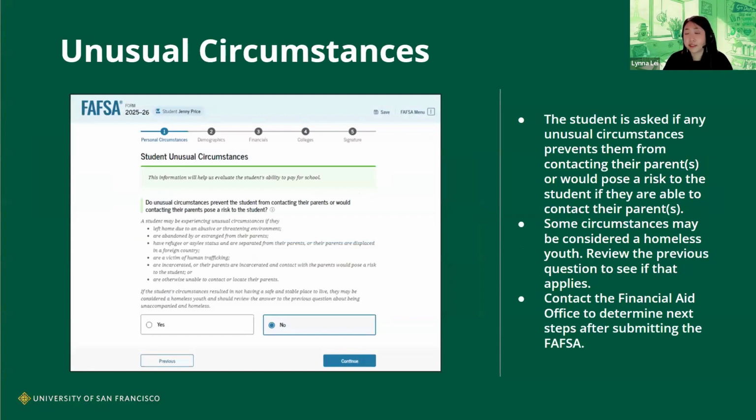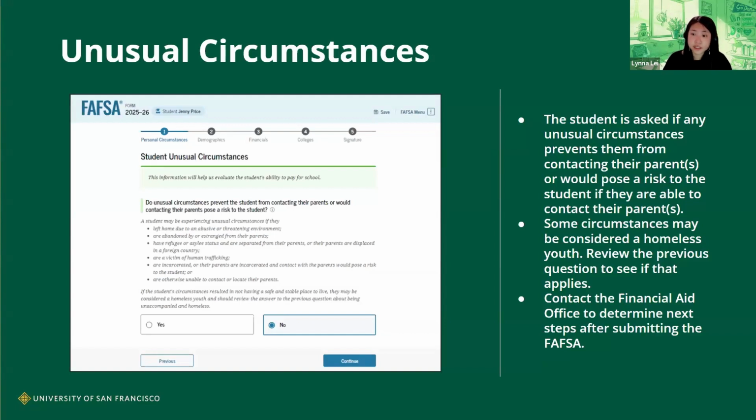So the student is asked if any unusual circumstances prevent them from contacting their parents, or if they can contact their parents, would that pose a risk to the student to do so? Some circumstances may be considered if the student is a homeless youth. If that is the case, you might want to revisit the previous question and make sure that aligns.